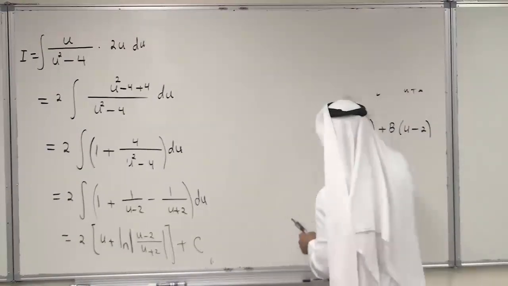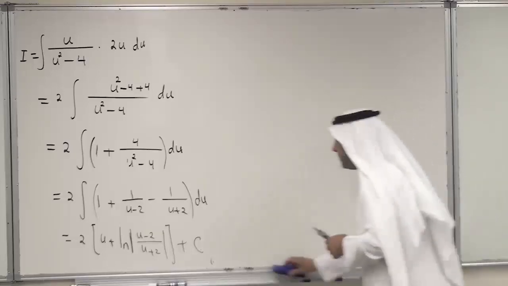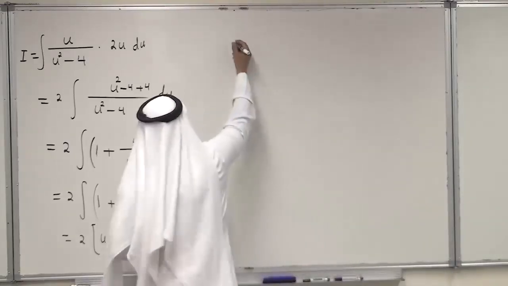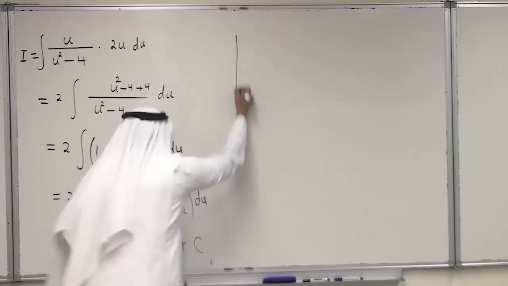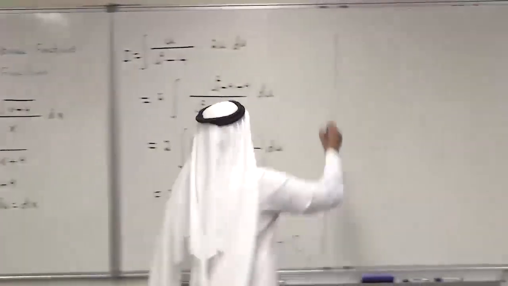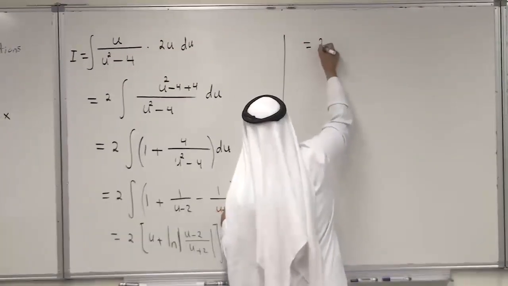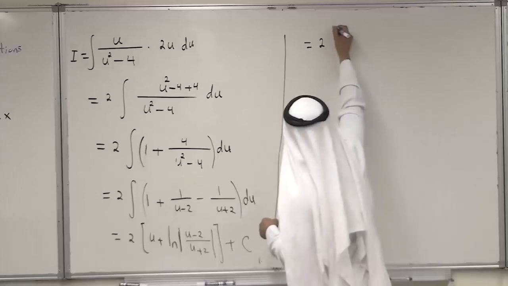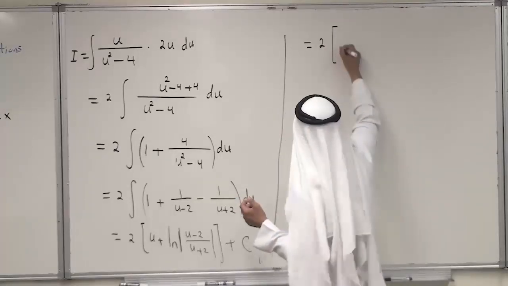Okay. Now what should we do in the last step? In the last step, we need to substitute back for the value of u. u is equal to what? Radical x plus 4. The only thing we come here to write the final answer to be, this is equal to 2 times, what is u? u is radical x plus 4.